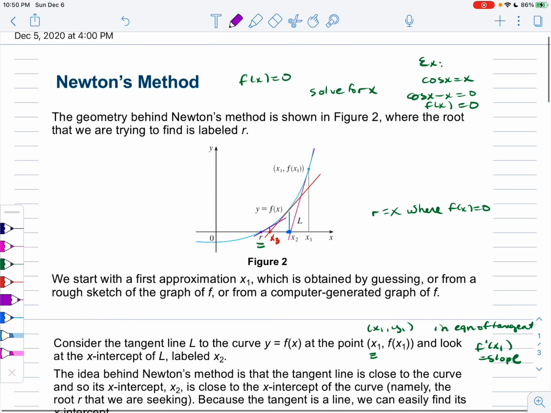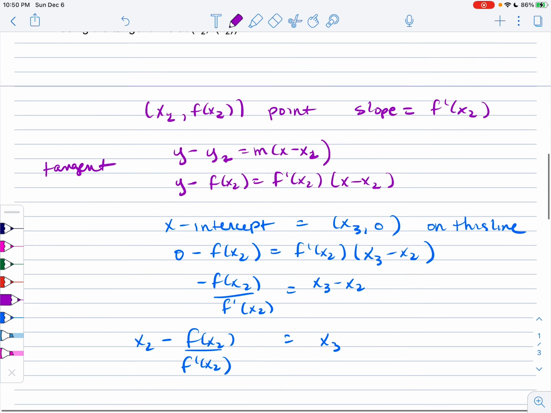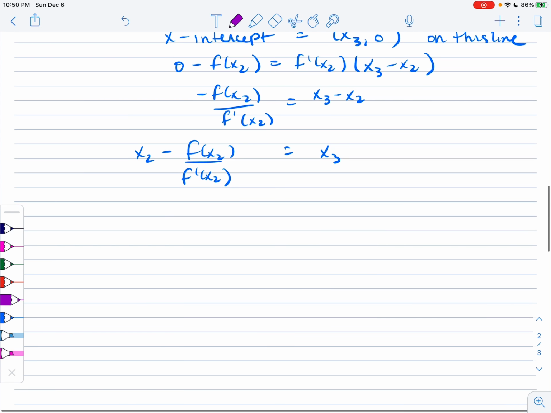Okay, so it might be worth it to now look at an example of how you would find this.